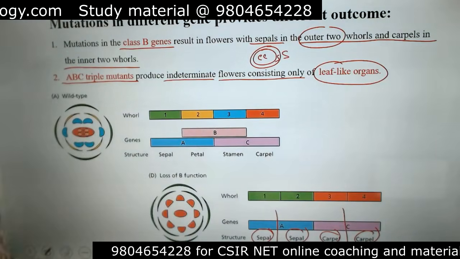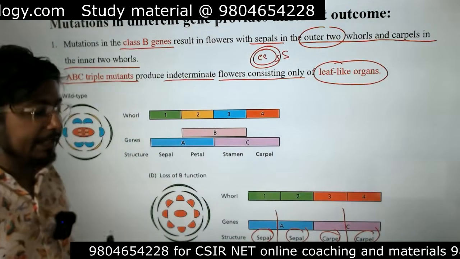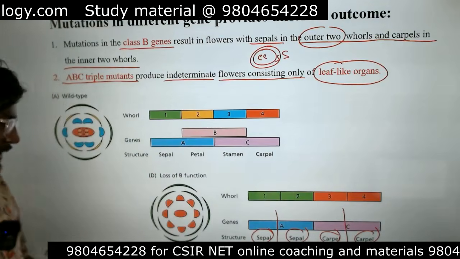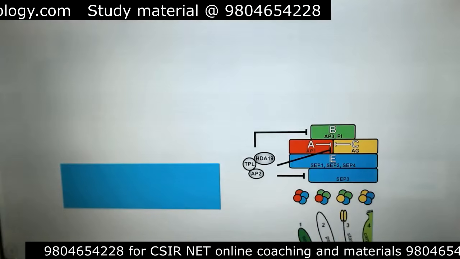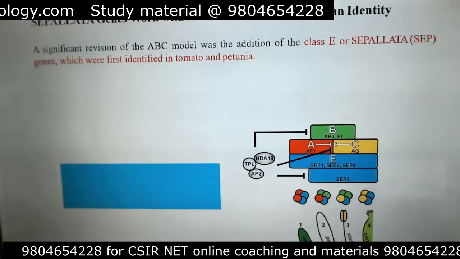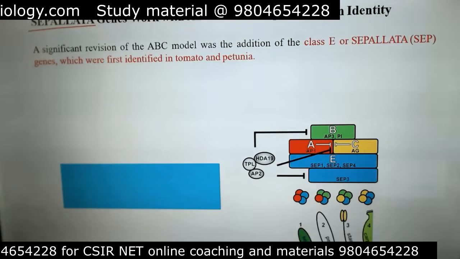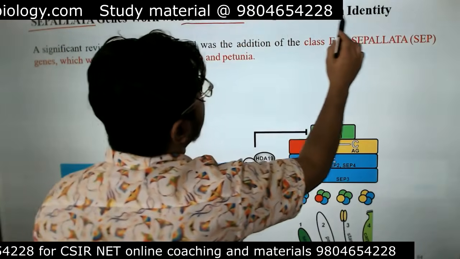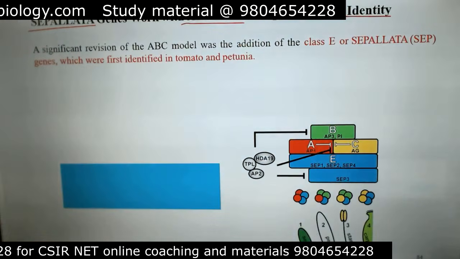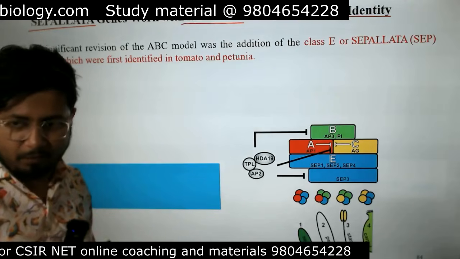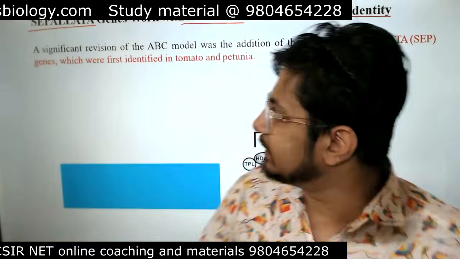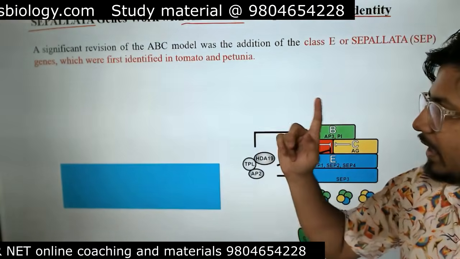ABC model with A, B, C class of genes and the mutation of ABC class and how it leads to the changes. Okay. Now one more thing I must say, that sepalata gene works with ABC genes to specify organ identity. So ABC gene, we know what ABC gene is responsible for. But along with that, there is another type of gene, sepalata.